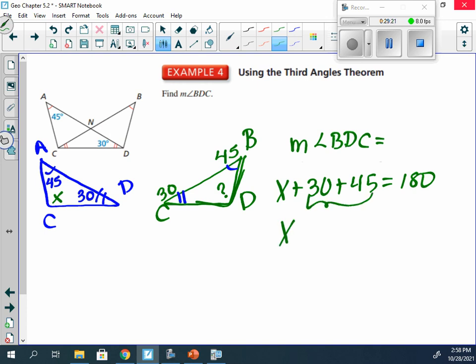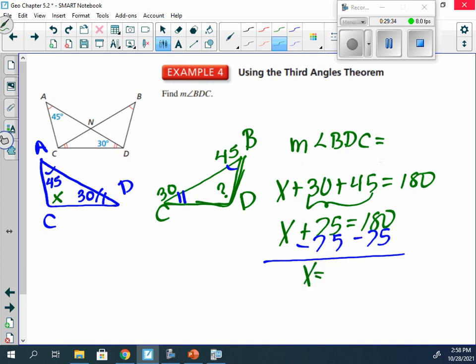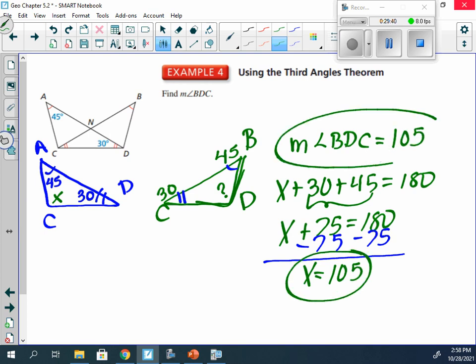Now we can add 30 and 45 together, and subtract 75 from both sides, which tells us x is equal to 105. So the measure of our angle is 105.